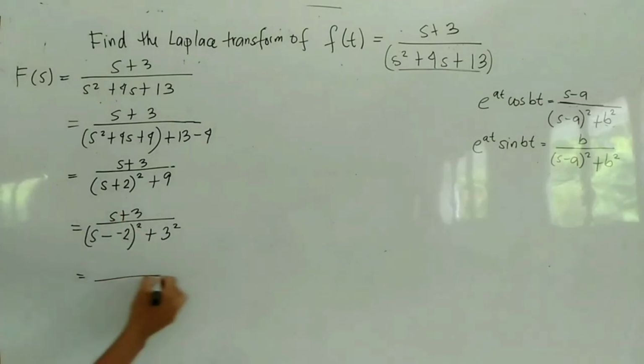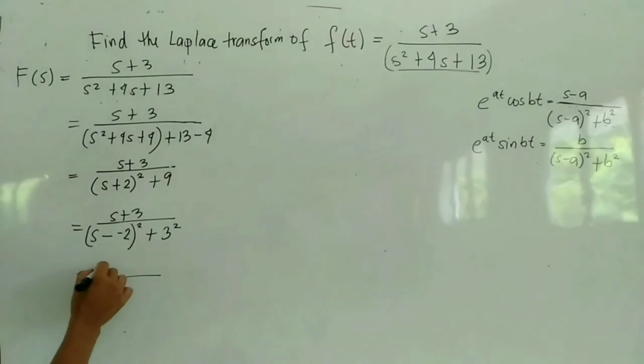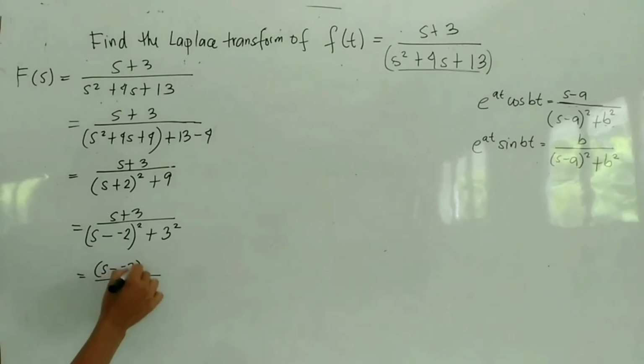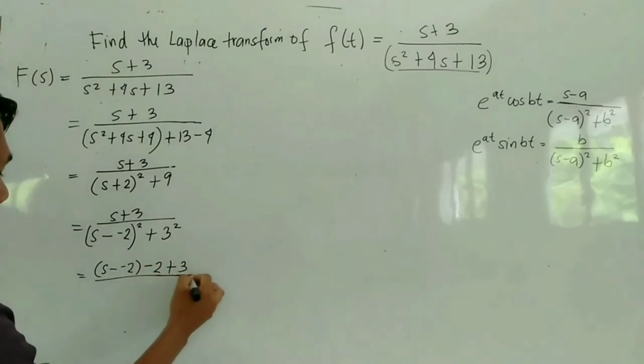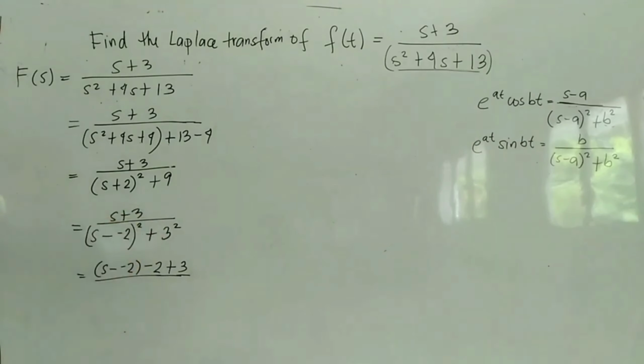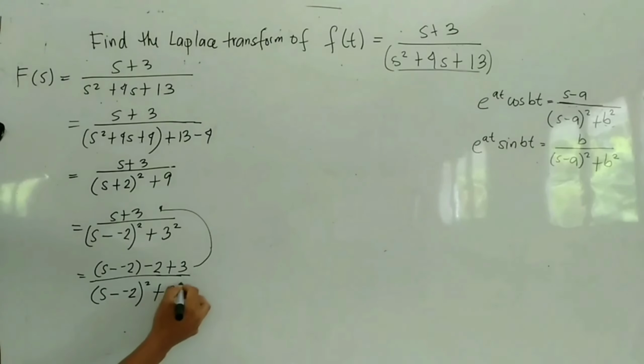So we have to convert for s plus a. We have s minus negative 2, and we have to balance the equation. If we cancel out, it remains the original given equation. Then s minus negative 2 squared plus 3 squared.